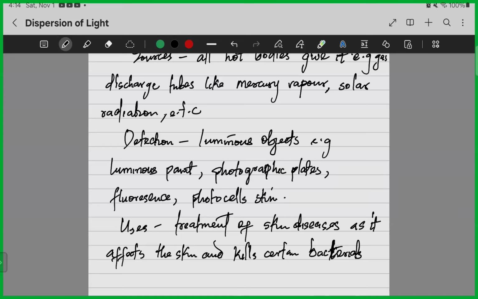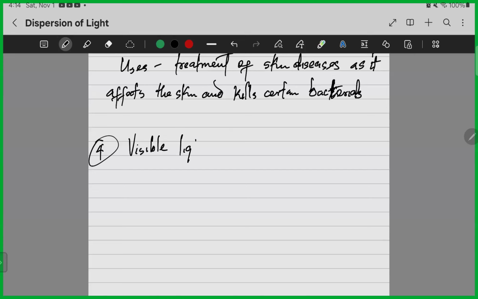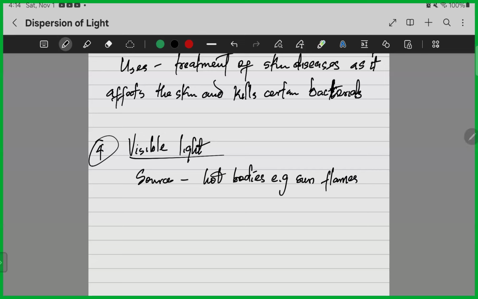We have visible light. The source of that, hot bodies like the sun. So the light that you see from the sun is called visible light. While the radiation from it is ultraviolet, solar radiation. You see visible light from flames too, and even sometimes in discharge tubes.